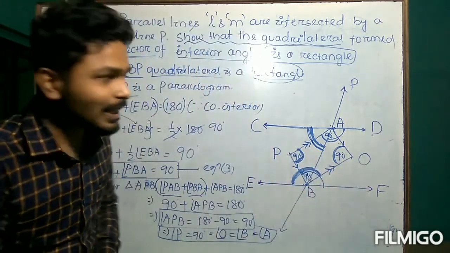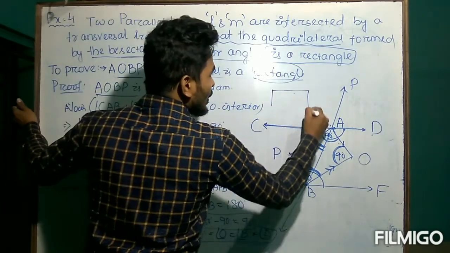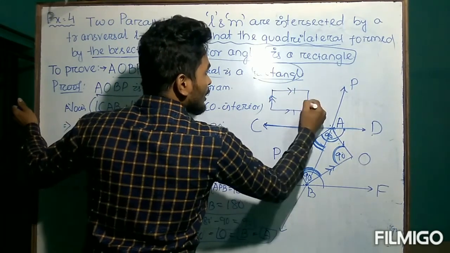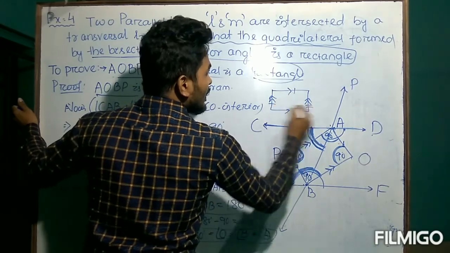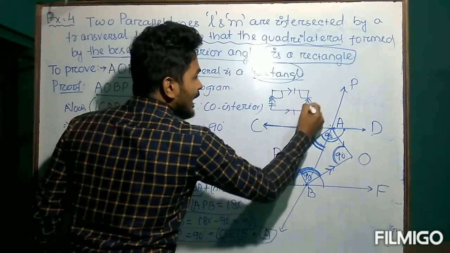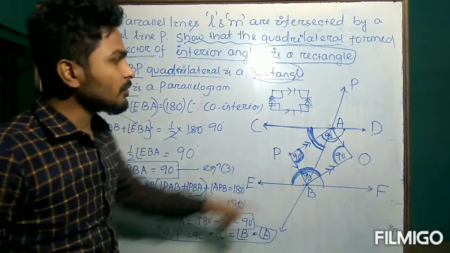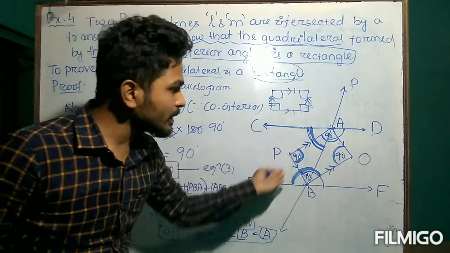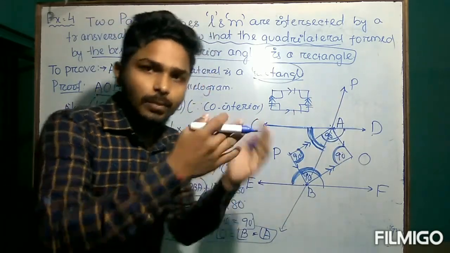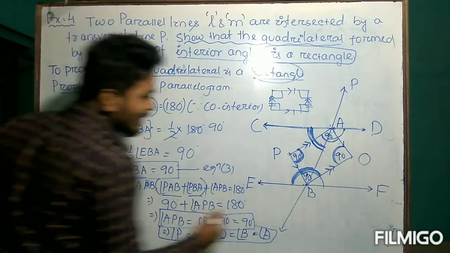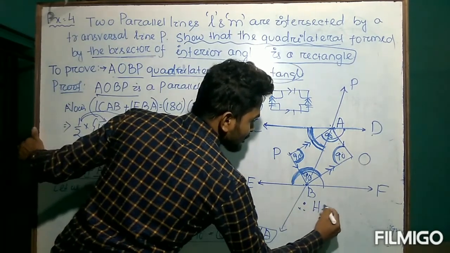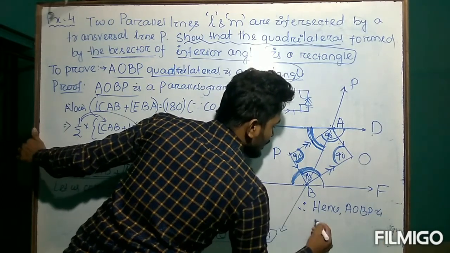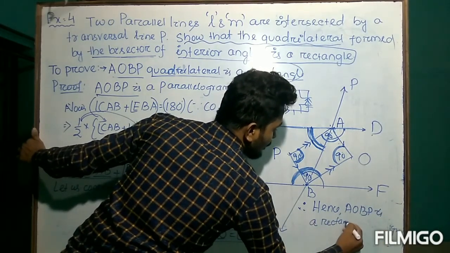Definitely it will be a rectangle, because in a rectangle the pair of opposite sides are parallel and equal and each angle is 90 degrees. Here also, for quadrilateral AOBP, each angle is 90 degrees and the pair of opposite sides are parallel as well as equal. So you can write finally, hence AOBP is a rectangle.